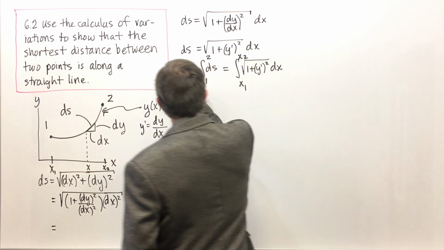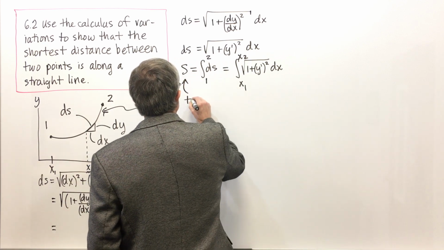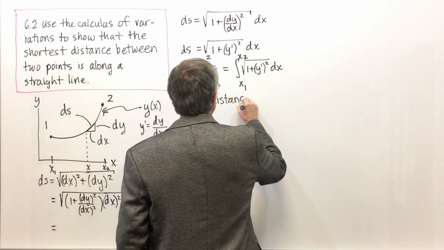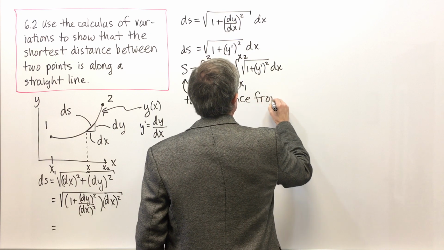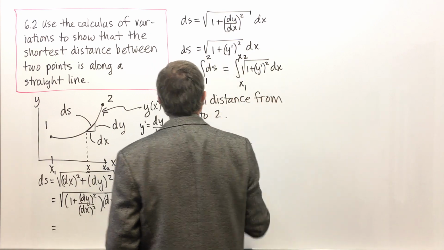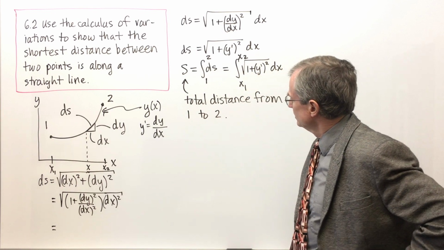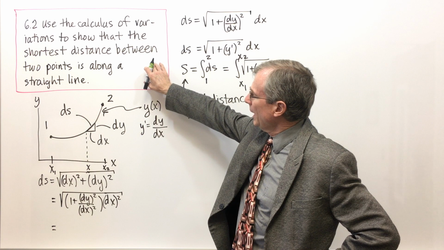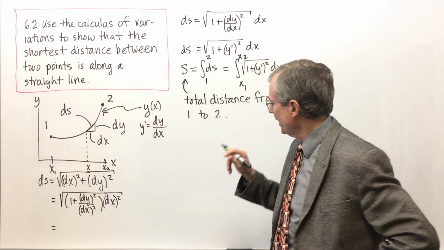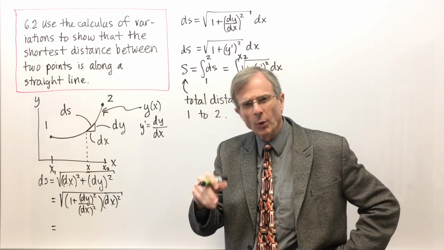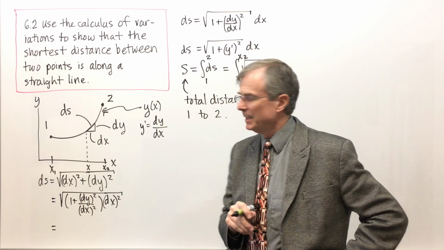So this is the total distance, capital S, from 1 to 2. Well, I want to show that I can minimize that distance by going along a straight line.